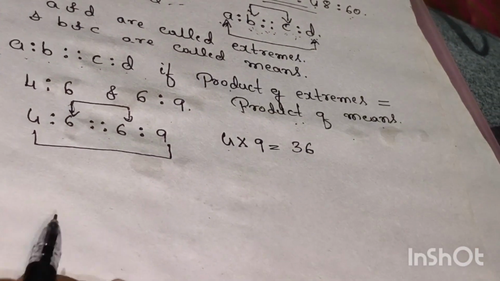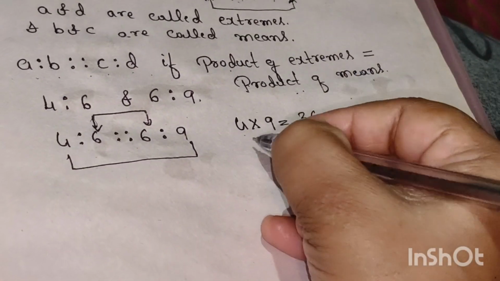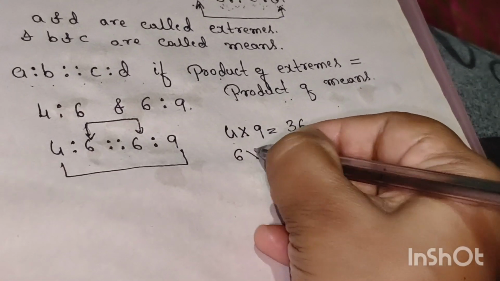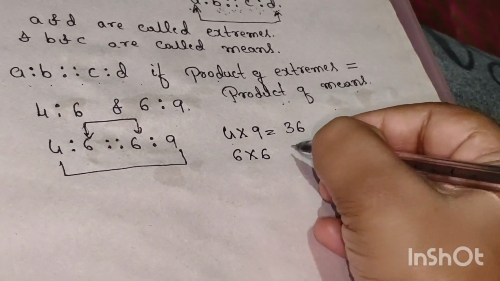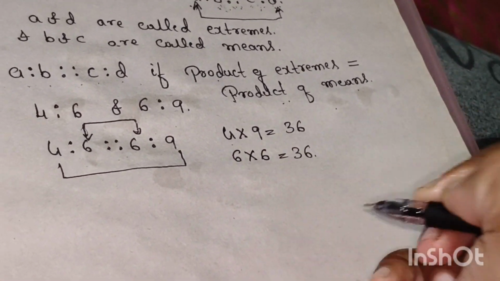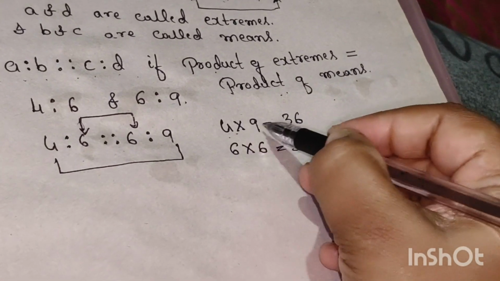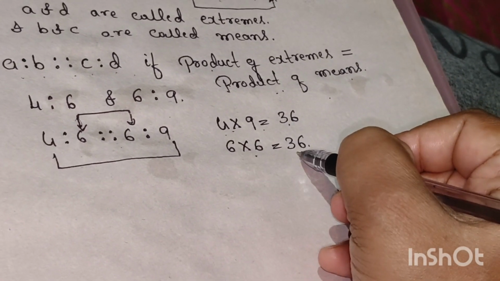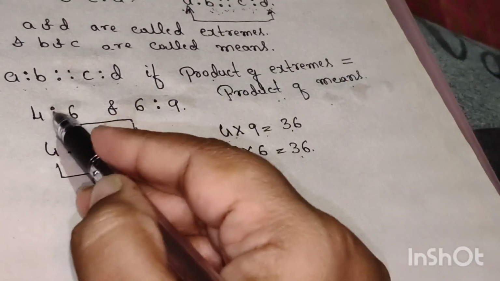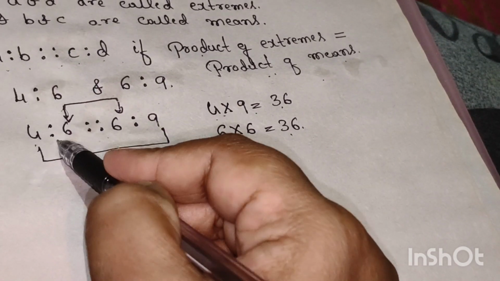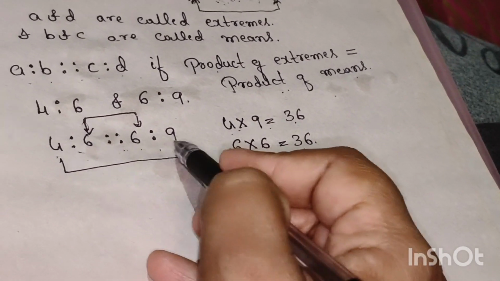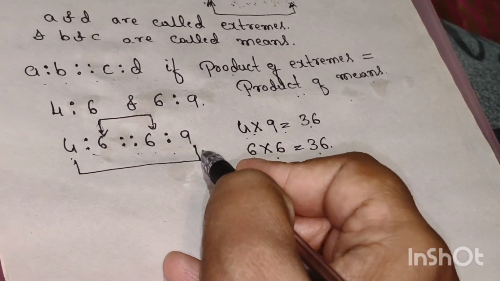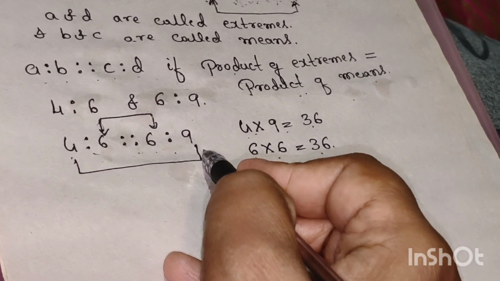Product of means, 6 into 6 is equal to 36. So product of extremes is equal to product of means. So therefore the two ratios 4 is to 6 is proportion to 6 is to 9. Got it?